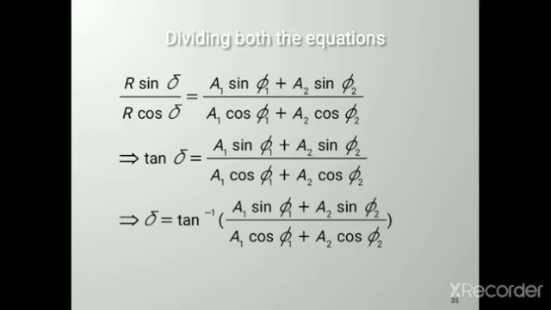And from the second equation, you can calculate the value of delta as tan inverse of (A1 sin phi 1 plus A2 sin phi 2) upon (A1 cos phi 1 plus A2 cos phi 2). By substituting the values of A1 and phi 1, one can easily find out the resultant phase delta. So this is about composition of SHM, the values of R and delta.